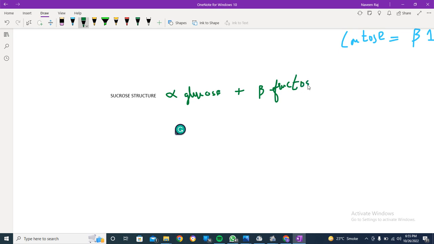Now we will check what sort of bond is formed. The glycosidic bond is formed, but which glycosidic bond? In this case, the first one is alpha, so an alpha 1,2 glycosidic bond forms.